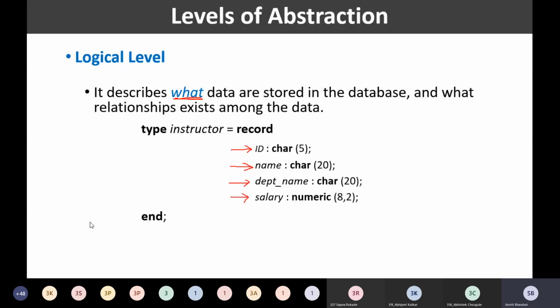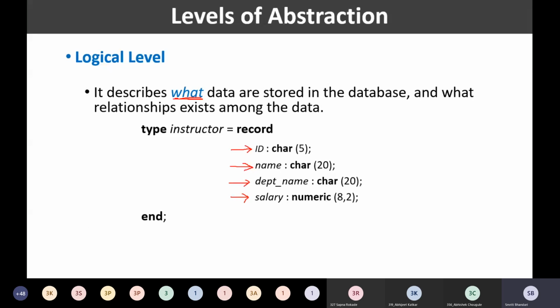Say, for example, if I have described at the logical level that the instructor has an ID of type character, then at the physical level I describe how that character is stored in the storage device, whether in consecutive memory locations or whatever data structure is used. I hope I am clear with the concepts and you also understood them.